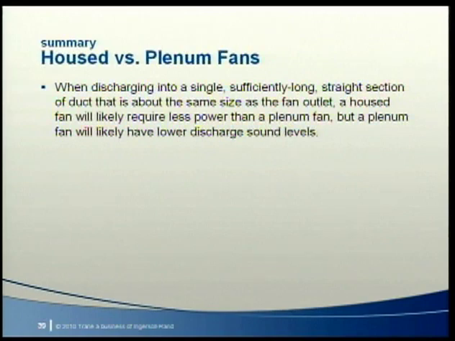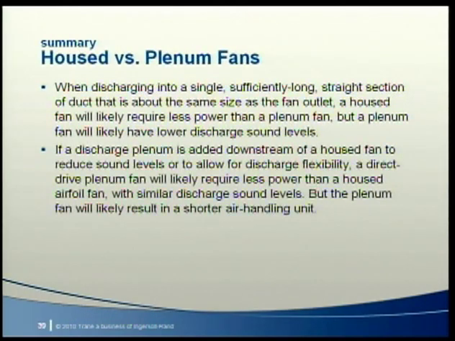When discharging into a single, sufficiently long, straight section of duct that is about the same size as the fan outlet, a housed fan will likely require less power than a plenum fan, but a plenum fan will likely have lower discharge sound levels. If a discharge plenum is added downstream of a housed fan to reduce sound levels or to allow for discharge flexibility, a direct drive plenum fan will likely require less power than a housed airfoil fan, with similar or superior discharge sound levels.